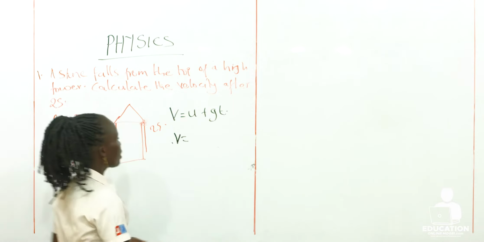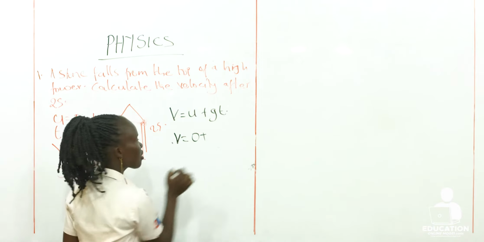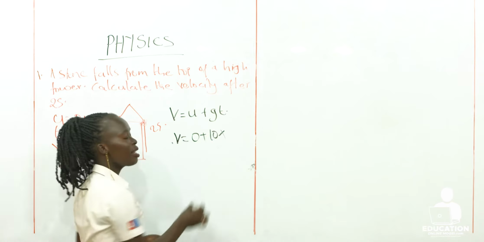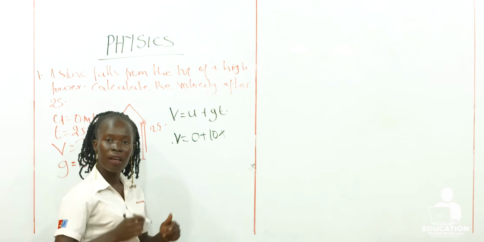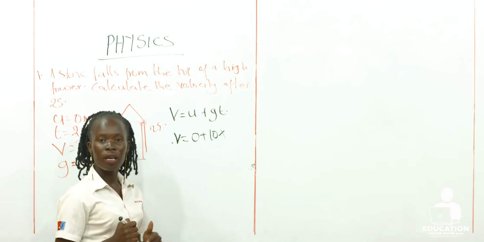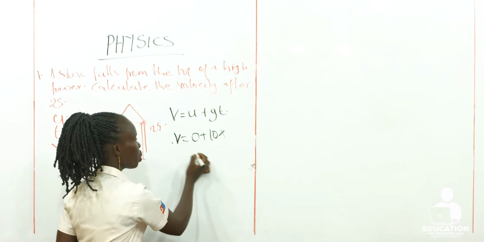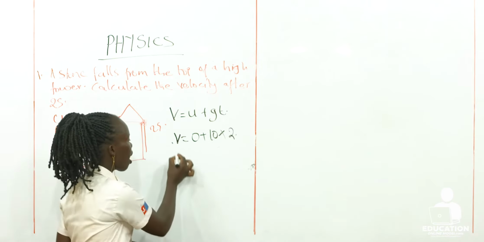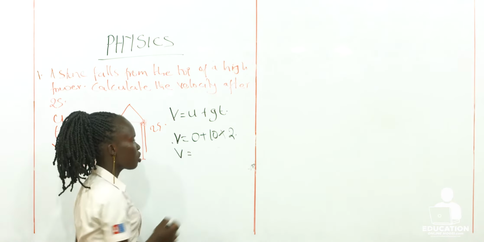V is equals to what? Our U is 0 plus our acceleration due to gravity, which is 10, and then the time taken for the body to leave the initial position. It moved and attained a velocity that we don't know after 2 seconds. So we shall have our V is equals to 0 plus 2 times 10.